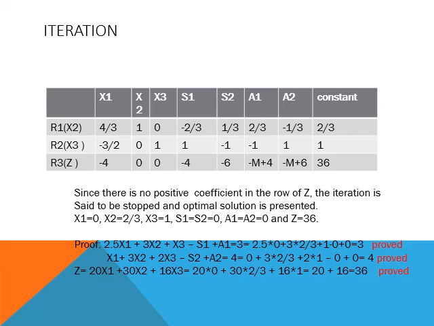Since there is no positive coefficient in the row of z, the iteration is said to be stopped. An optimal solution is presented where x1 equals 0, there is no x1, x2 equals 2 over 3, x3 equals 1, and s1 equals s2 equals 0, a1 equals a2 equals 0, and z equals 36.